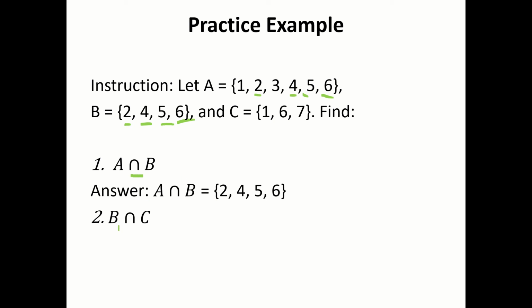Now, for B intersection C, we're still looking for the commonality between the two sets. So what are those? In B, there's no 2, there's no 4, there's no 5 in C, but there is a 6 as you can see.